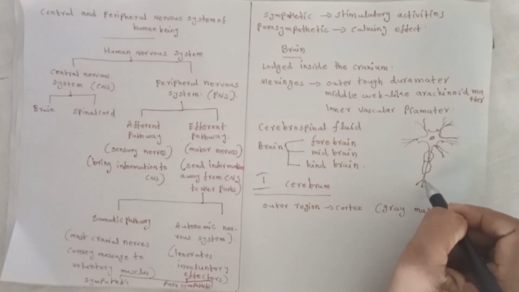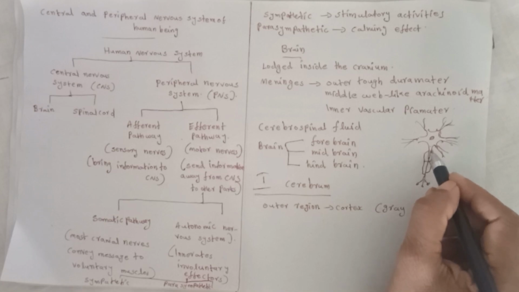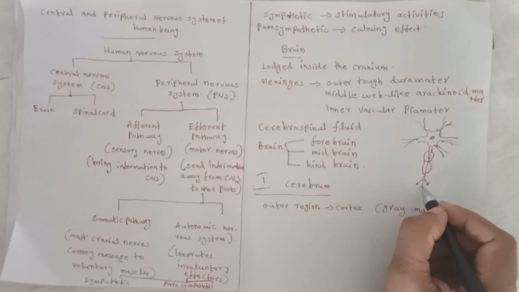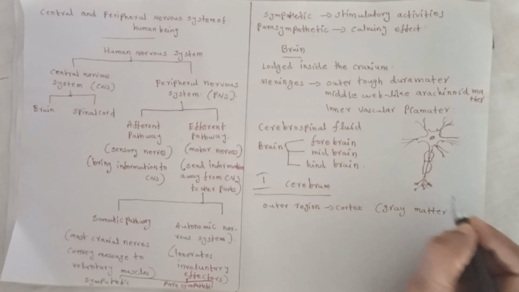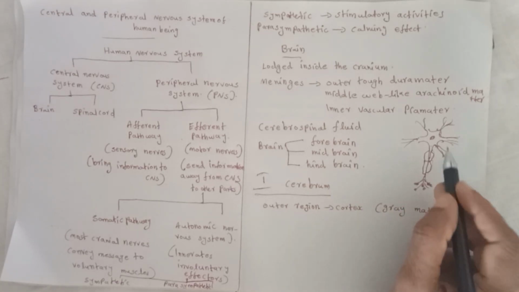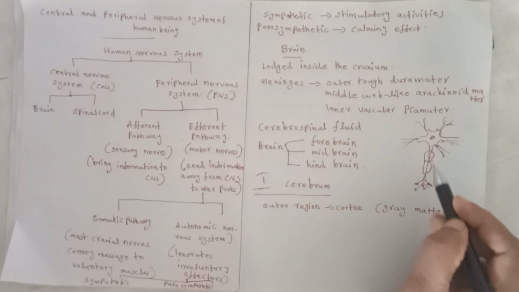This is the axon. It is covered by a white colored proteinaceous myelin sheath. This is the ending of the axon, known as axonites. The tip part of the axonites has synaptic knobs. This is a typical structure of a neuron, the basic unit of the brain.